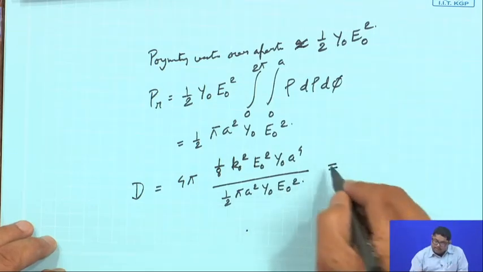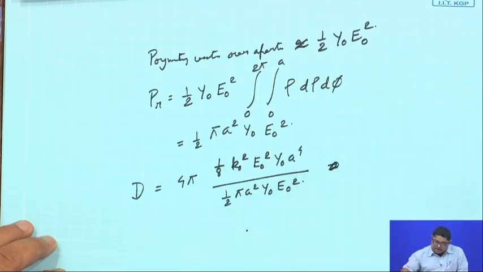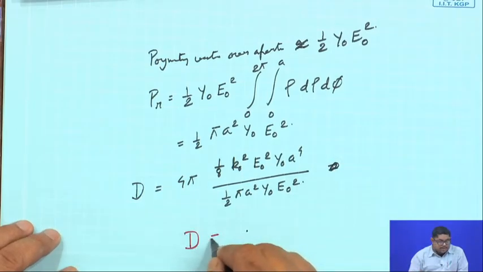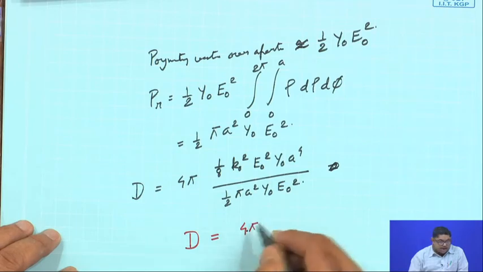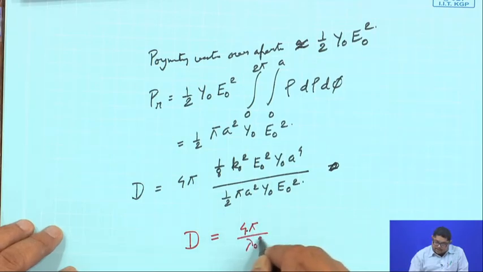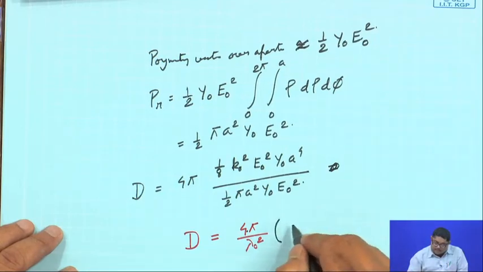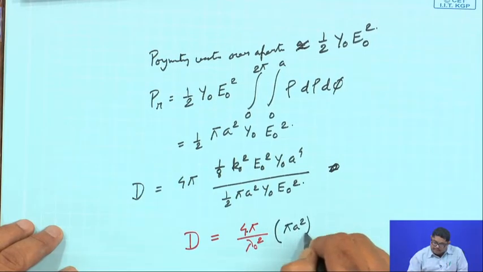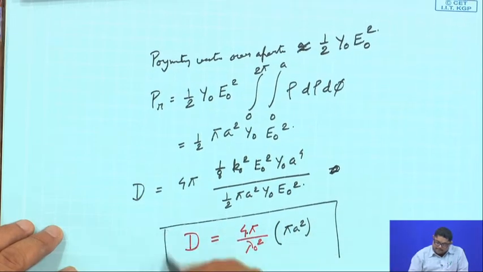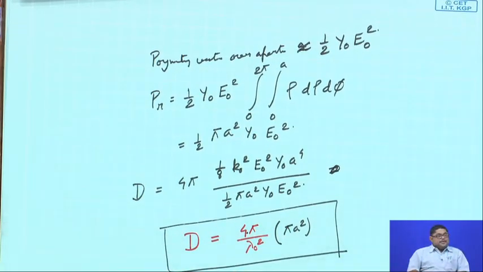This gives you the directivity as 4 pi by lambda naught square times pi a square. Such a simple, useful formula. Now, what is pi a square? The aperture physical area, multiplied by 4 pi by lambda naught square.